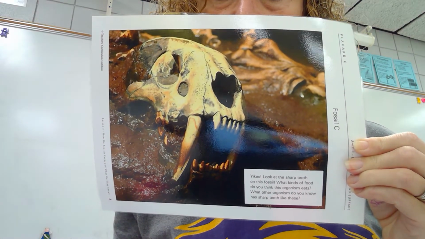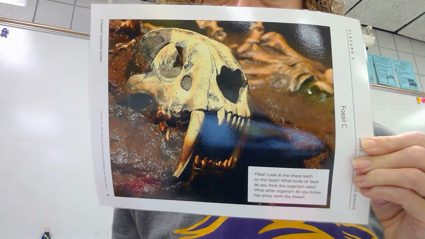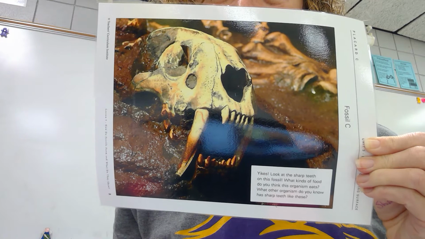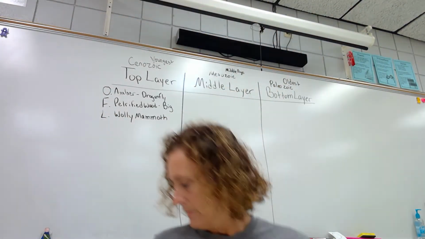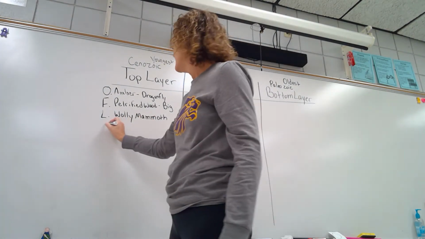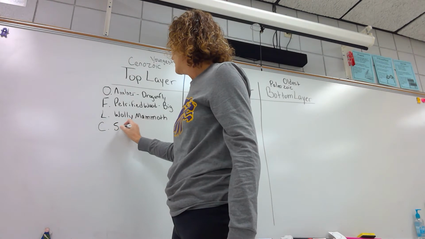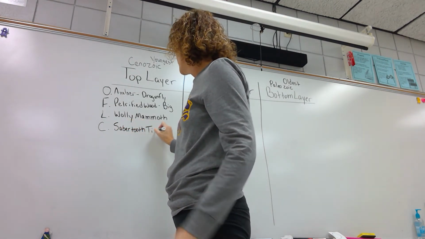What does that remind you of? Yes, it reminds me of a saber-toothed tiger as well. And we know that those were alive during a colder time frame. So that was fossil C. Now we're going to put saber-toothed tiger.